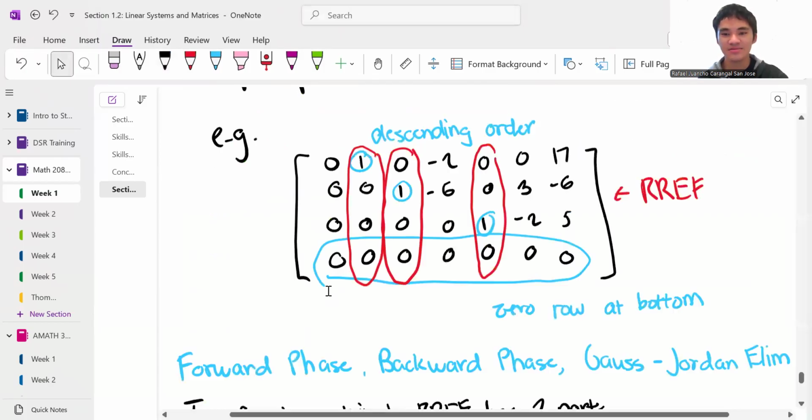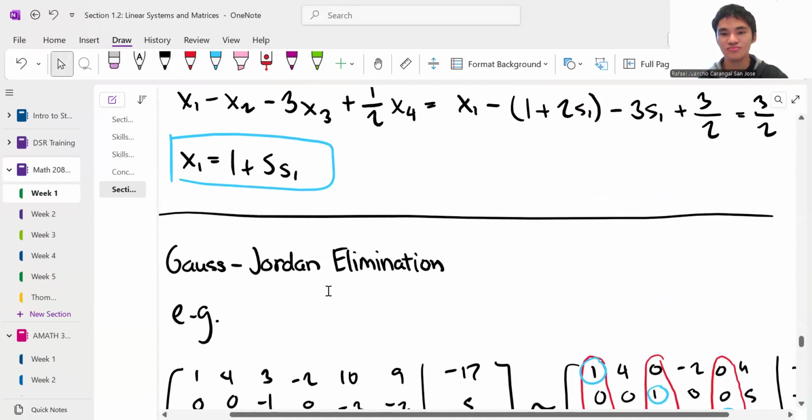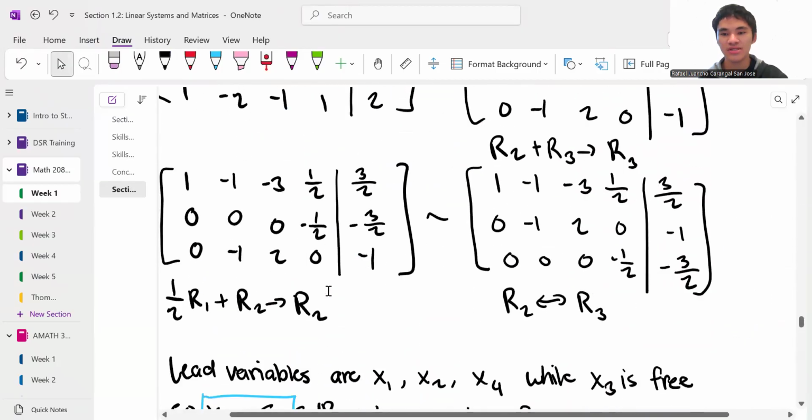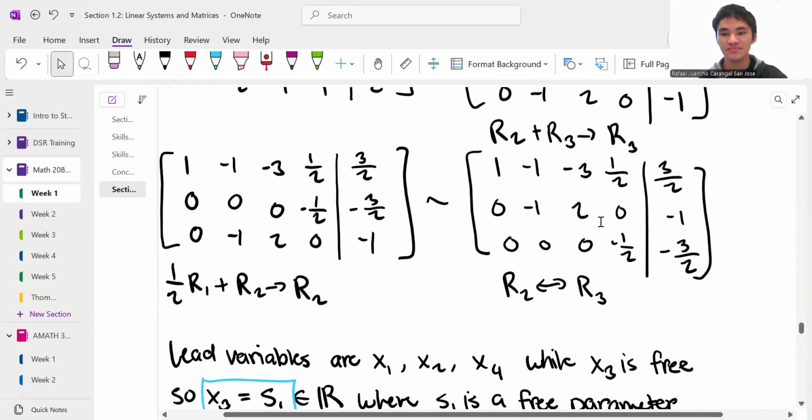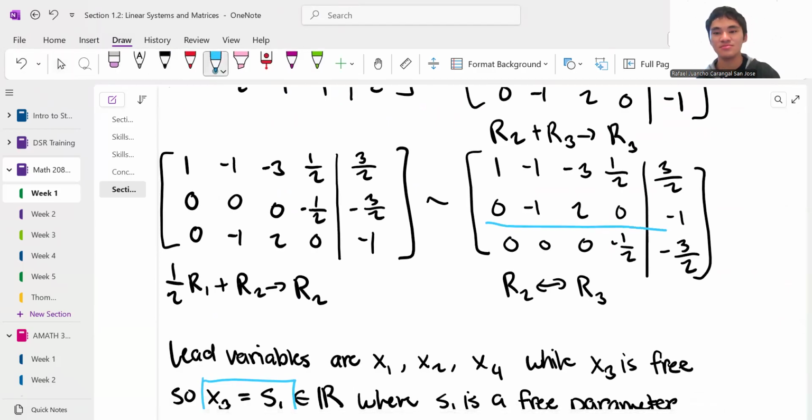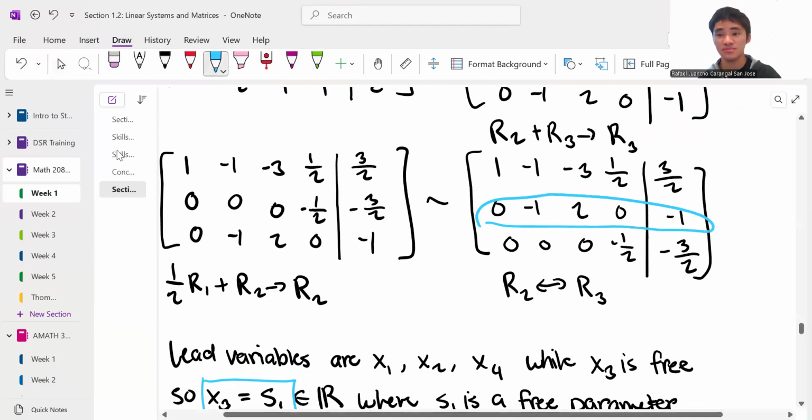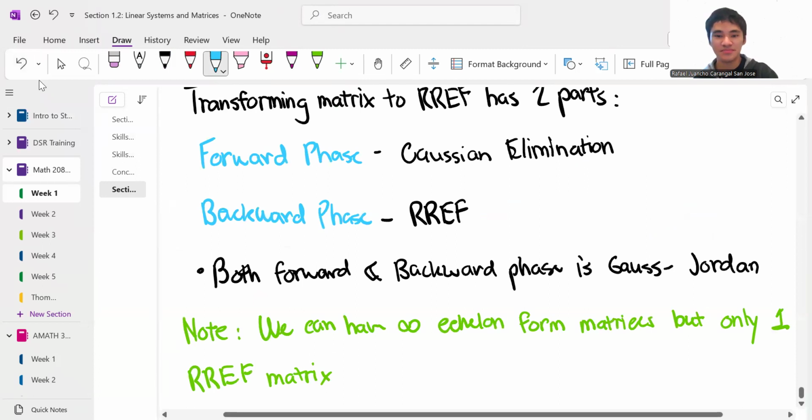Like, I could tell you, say we have, looking at the example, this one's an echelon form. I could literally multiply this row by 2 and get a new matrix that's still an echelon form, right?